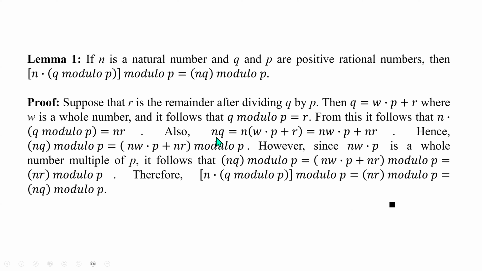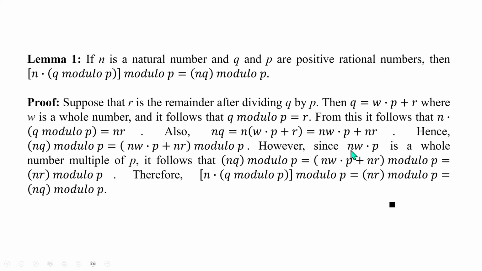Also, n times q is equal to n times (w times p plus r). We get that from up here. Distribute the n across the sum, and this is equal to n times w times p plus n times r. Hence, if I take n times q modulo p, that is going to be the same as this expression here, evaluated modulo p.